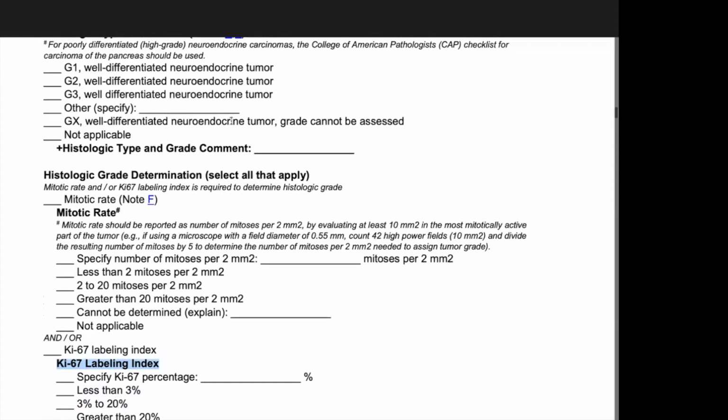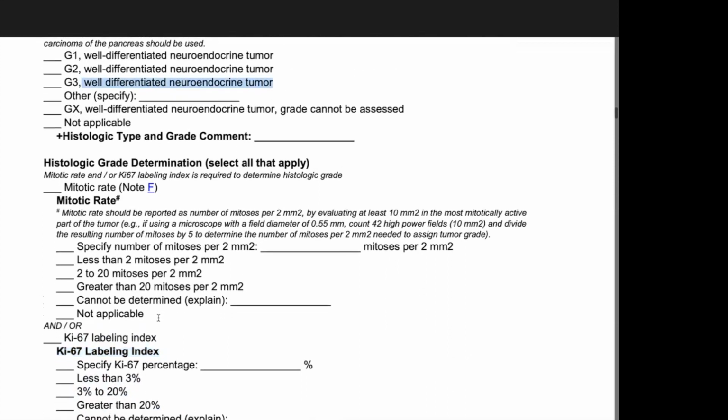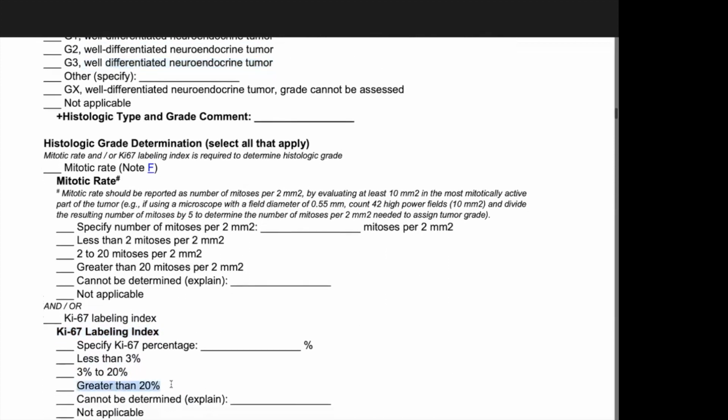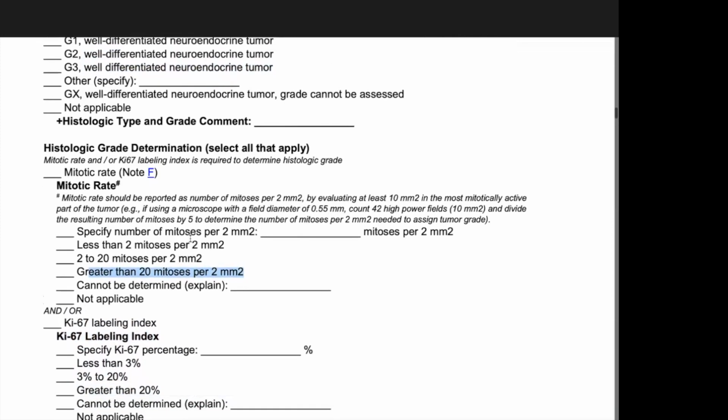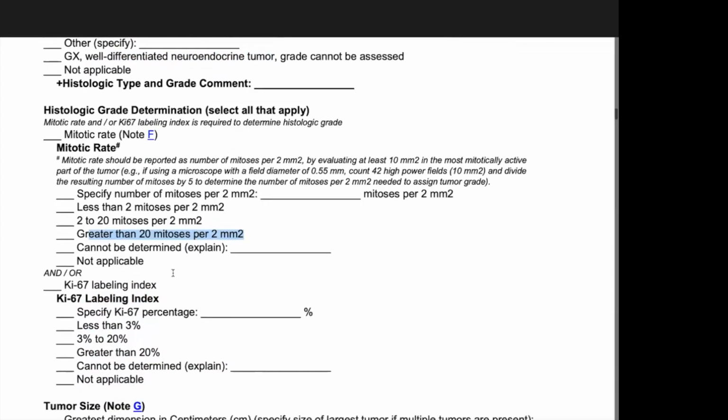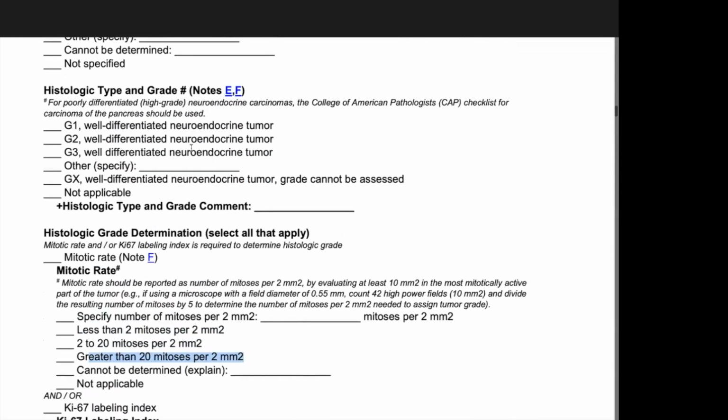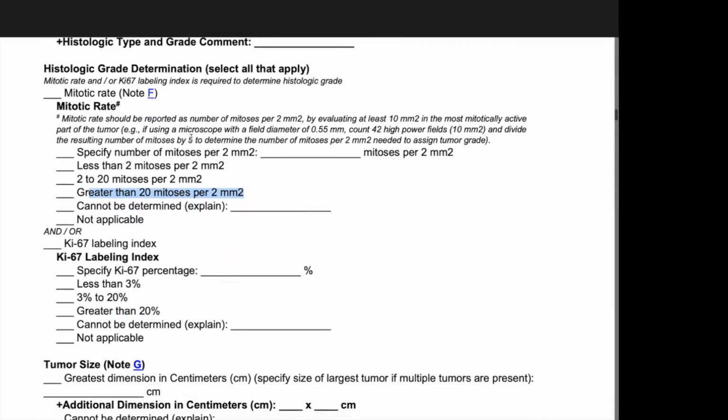A G3 means that it's greater than 20% for Ki-67, or greater than 20 mitoses per 2 millimeters squared. So you can either do mitotic rate or Ki-67 to determine the grade of a neuroendocrine tumor. Any questions so far?